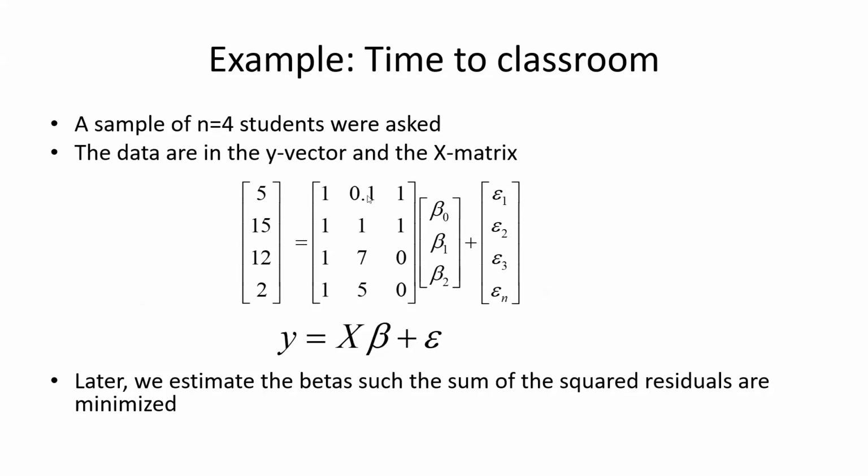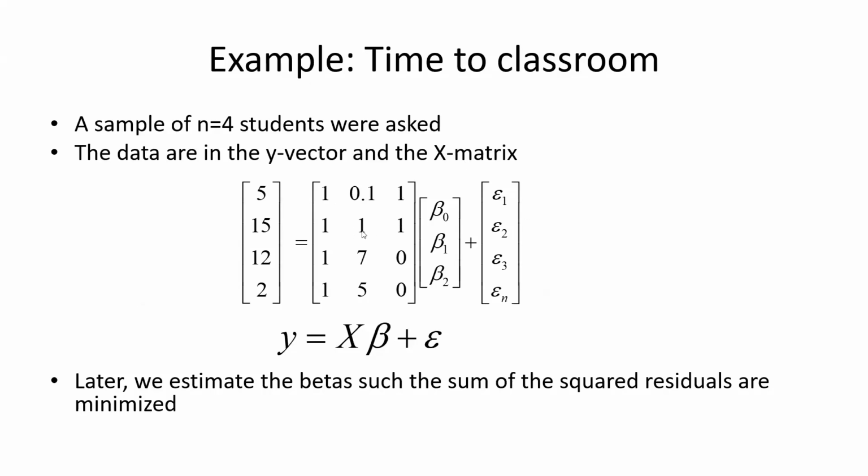So here's a student that claimed he or she did that in 0.1 minutes. That is rather fast, 6 seconds. And then did they walk or did they do something else? There's a 1 here that indicates that they walked. All right, the second student, they also walked and they took 1 minute.